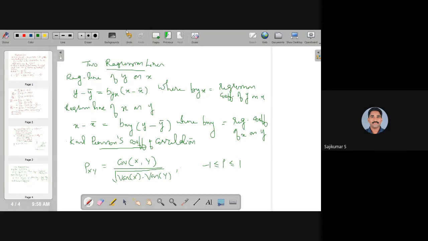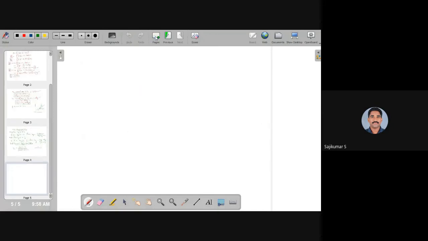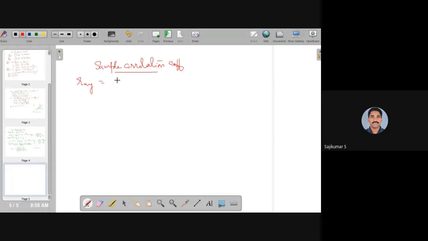And the next thing is we can find out the coefficient of correlation for sample data, that is called the sample correlation coefficient. As before, the same definition, we can define this as sample covariance divided by square root of sample variance of x into sample variance of y.